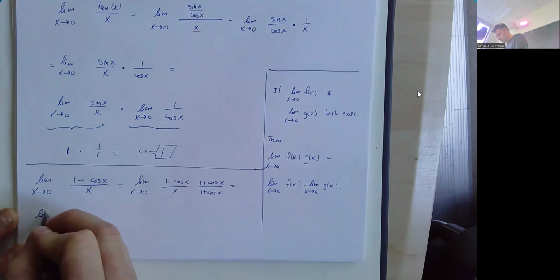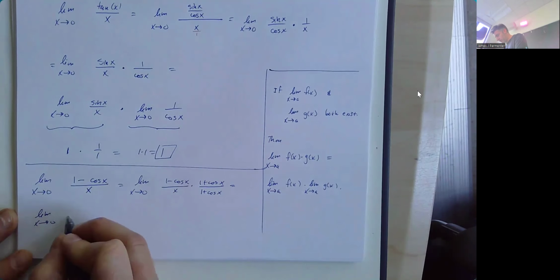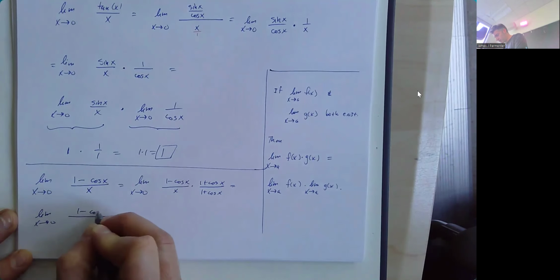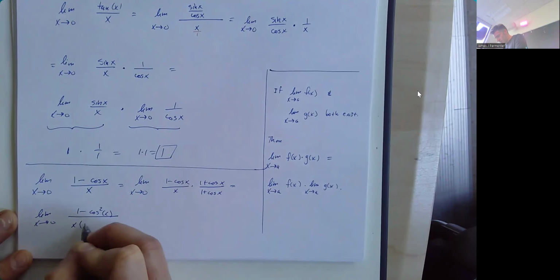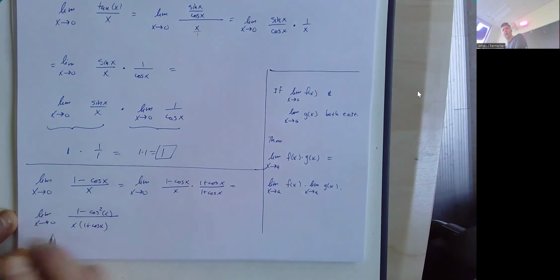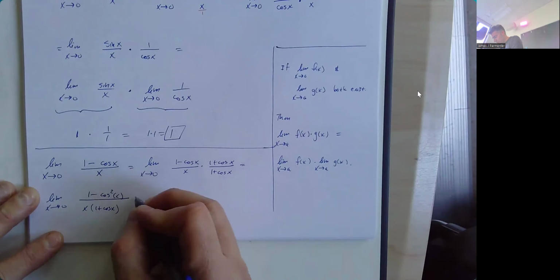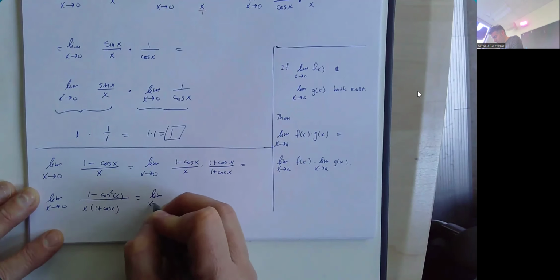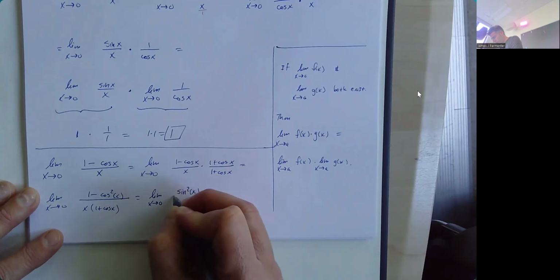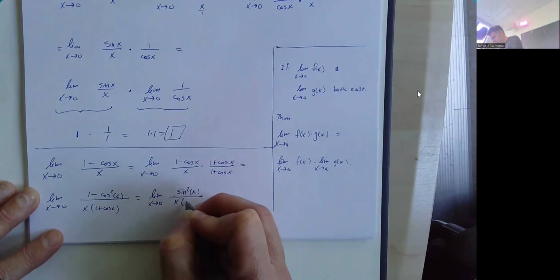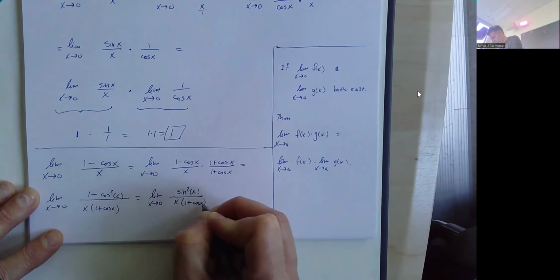This is going to become the limit as x approaches 0 of 1 minus cosine squared of x in the numerator, x times 1 plus cosine x in the denominator. We're going to replace 1 minus cosine squared with sine squared. That's sine squared x in the numerator, x times 1 plus cosine x in the denominator.